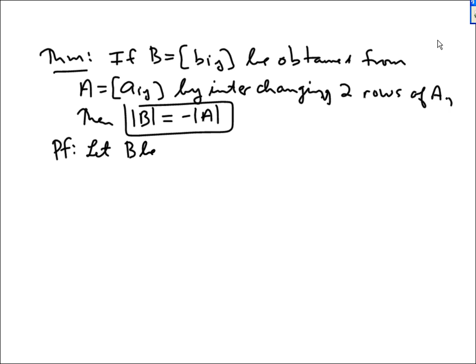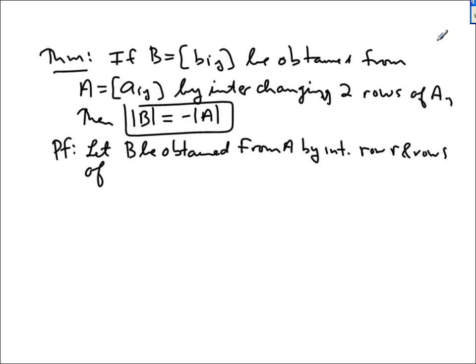Let B be obtained from A by interchanging row R and row S of A. Okay, so we interchange row R and row S. Now, all the other rows, matrix A and matrix B, have the same entry.